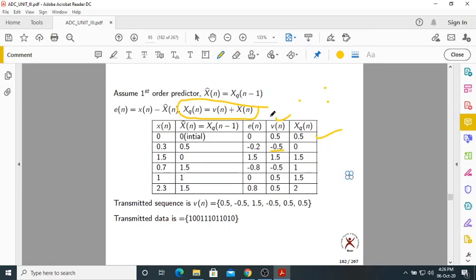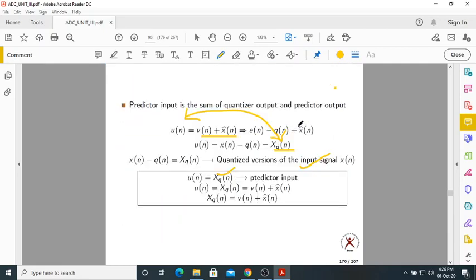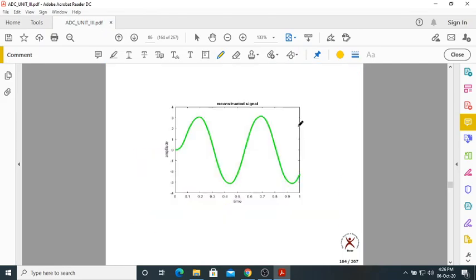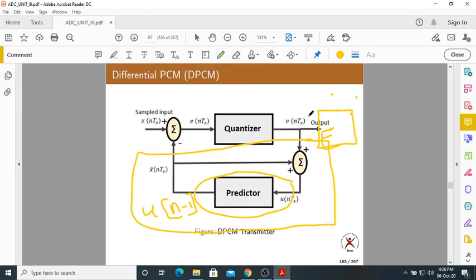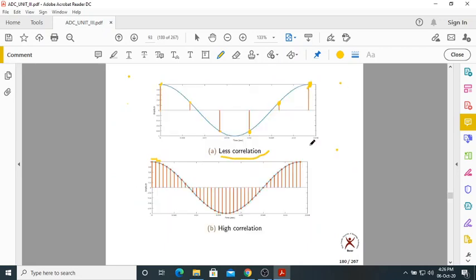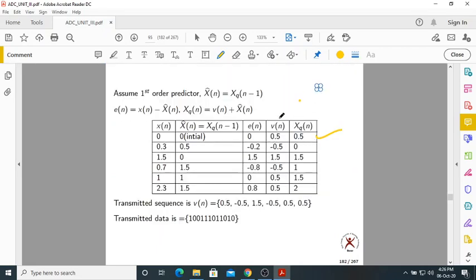Now what are you transmitting finally? What are you transmitting in this diagram? What is the output actually? v of n. Obviously I told you we should encode the output v of n. So the actual output is v of n. Now, if you draw all these elements, that is the output of the transmitter of the DPCM.